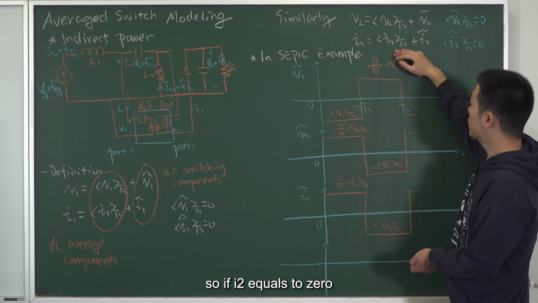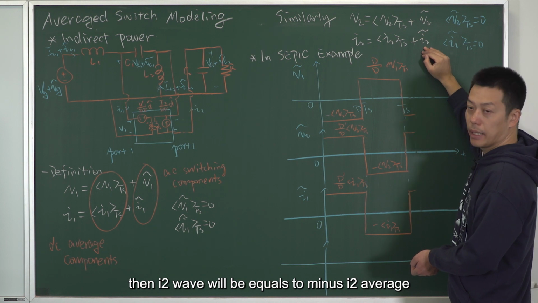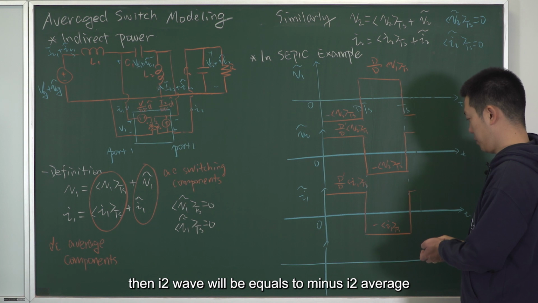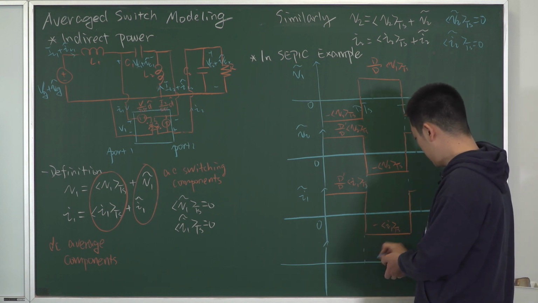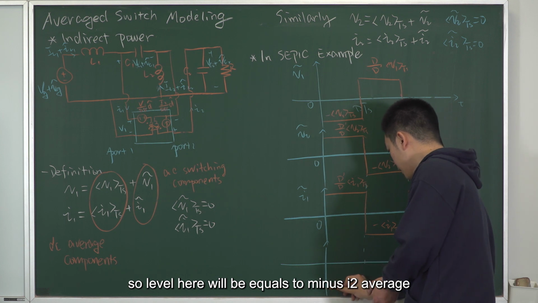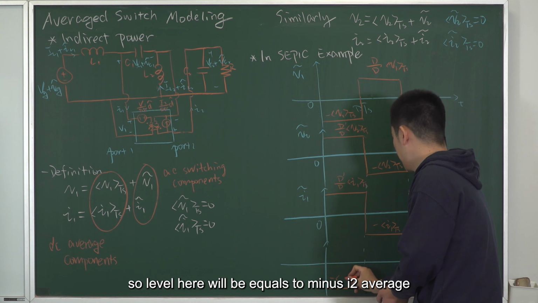So if I2 equals 0, then the I2 wave will be equal to minus I2 average. So level here will be equal to minus I2 average.